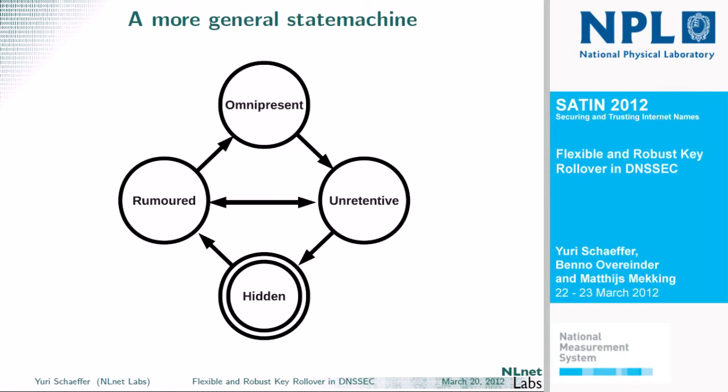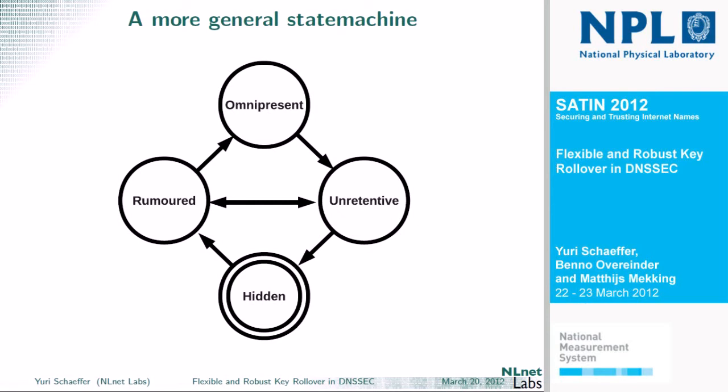So I'll introduce a simple state machine for everything, which represents for a resource record how well it's known in the world. So we have the start state, which is hidden. It means no one has ever seen my resource record at this moment, or everybody's forgotten about it.